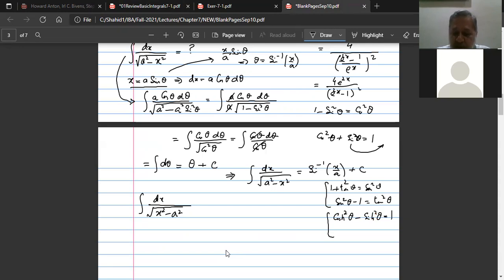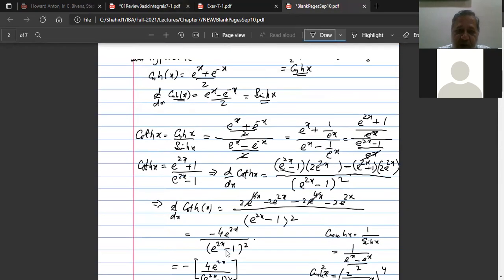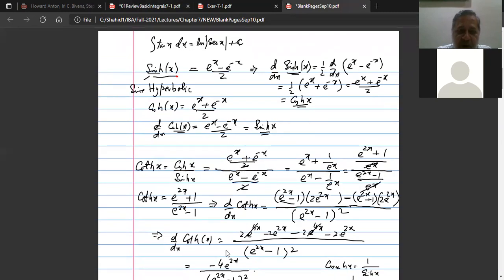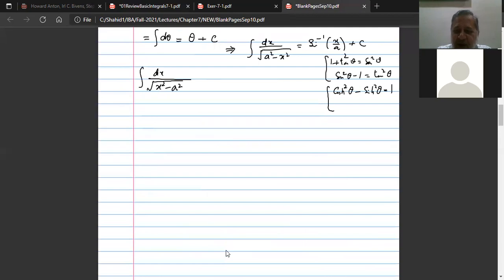Now this formula can be proved using the formula for sin hyperbolic and the formula for cos hyperbolic. If you put these two in, everything simplifies and you are left with 1. And this makes me think of cos hyperbolic square theta minus 1 is equal to sin hyperbolic square theta.